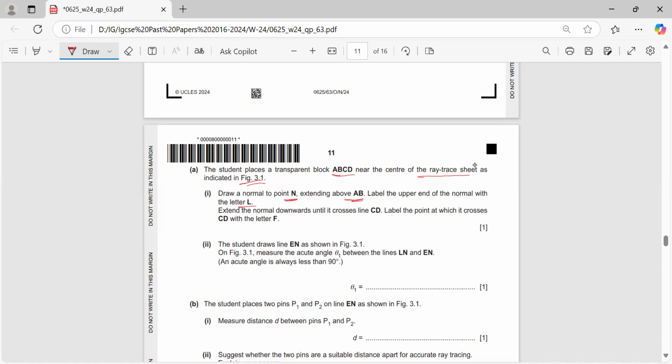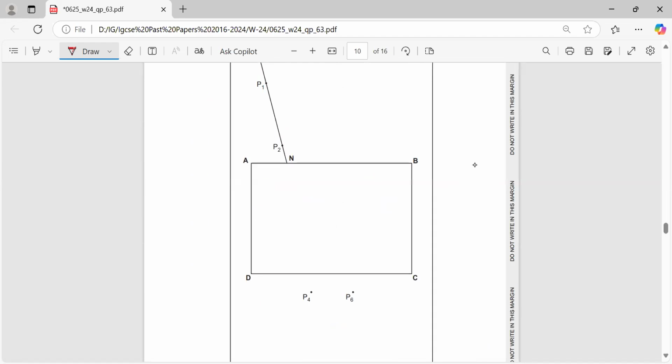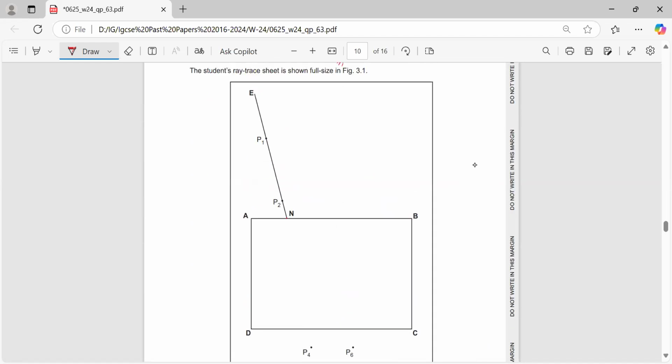First of all, I'm going to draw the normal, meaning 90 degrees, to the side AB at point N. You can see this is point N. Now I will draw a normal at point N. It can be a dotted line or a straight line, whatever.